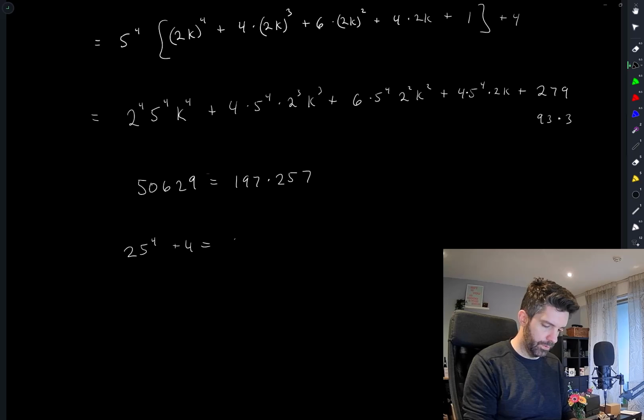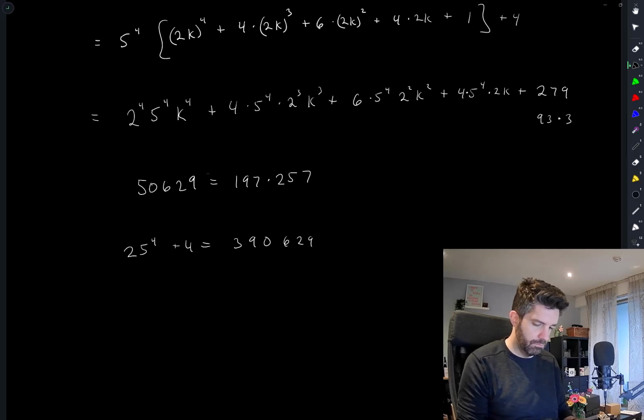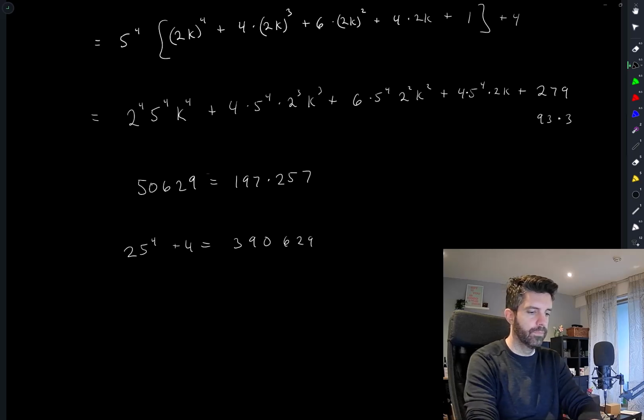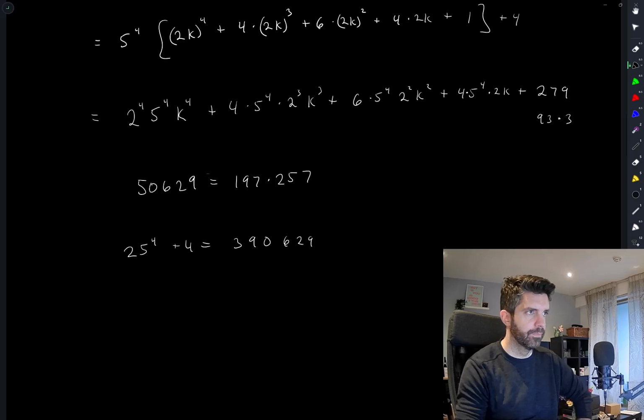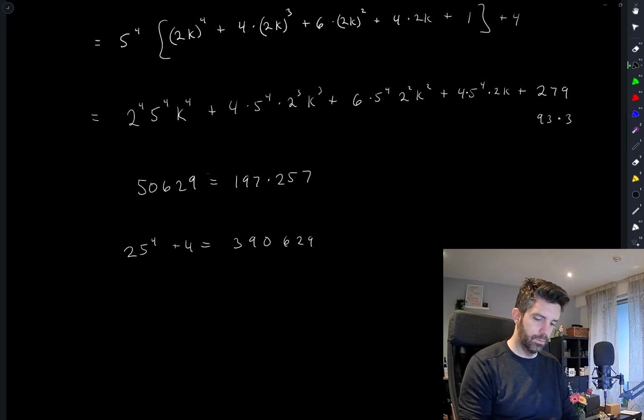This is 390629. This is also not prime: 577 times 677.